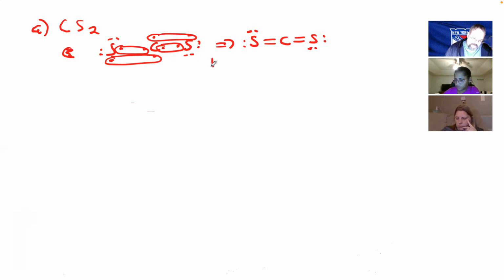So now we go to VSEPR. 2 bonds and no lone pairs. What shape would we have? Because again, we're looking at the carbon, the central atom. Linear.